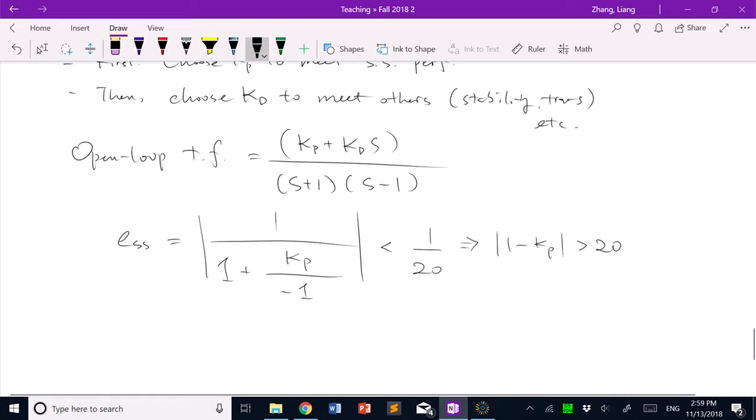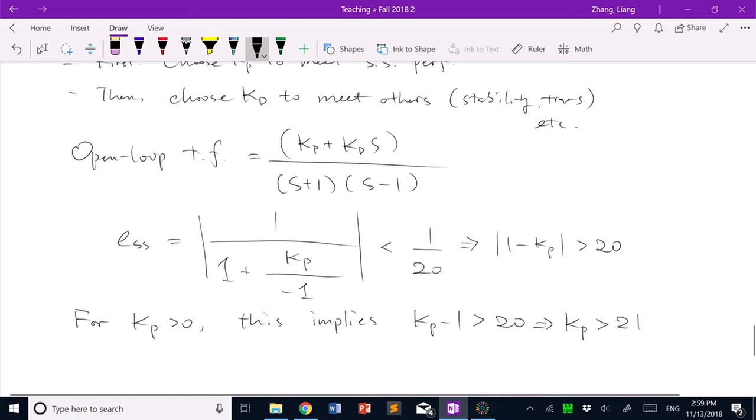If you assume Kp is positive, this implies that Kp minus 1, when you take the absolute value, has to be greater than 20. Otherwise, there's no way you can achieve that with a positive number. And this will give you Kp greater than 21.